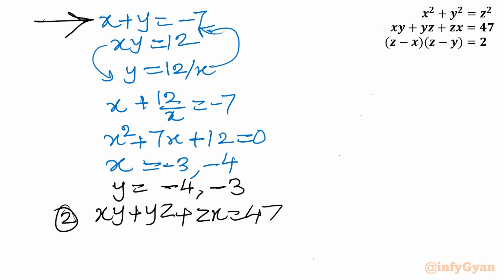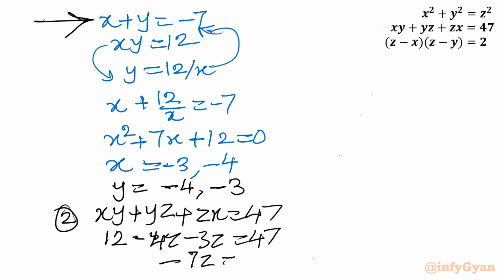See, xy is 12, yz is minus 3z, minus 4z, minus 3z equal to 47. So minus 7z is equal to 35, z is equal to negative 5.